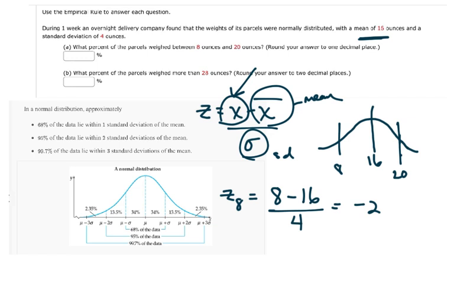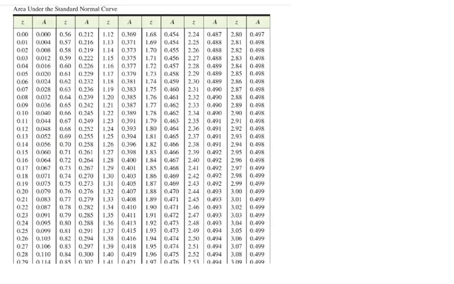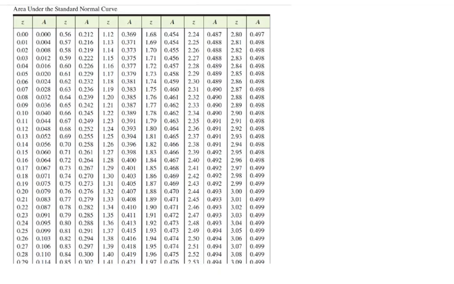Now, when you go to the table, just look up the absolute value of -2, which is 2. So I'm going to use this double bar here for me just to represent the value I get on the table. So let's go to the table and let's go find 2. Let's see, it's not on that one. Right here. And do notice real quick that every other column, the first one is the z-score, and then the next one is the area under the curve. And it just keeps going.